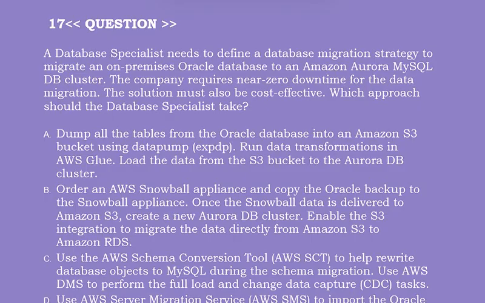Option C, use the AWS Schema Conversion Tool, that is AWS SCT, to help rewrite database objects to MySQL during the schema migration. Use AWS DMS to perform the full load and change data capture (CDC) tasks.